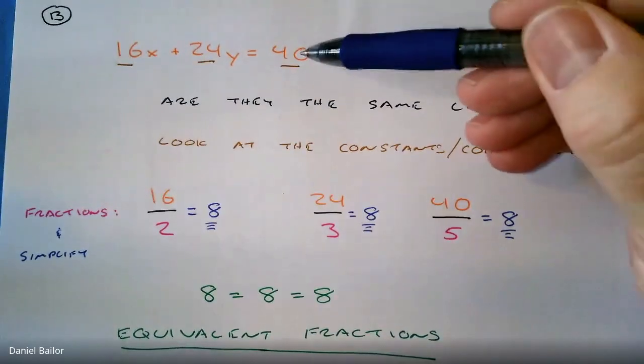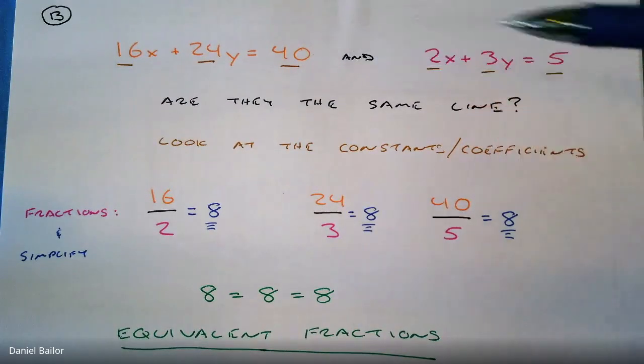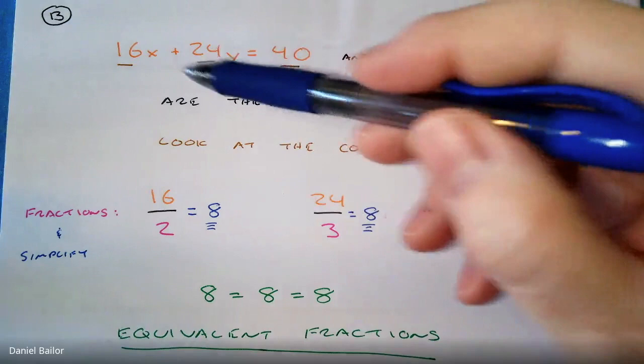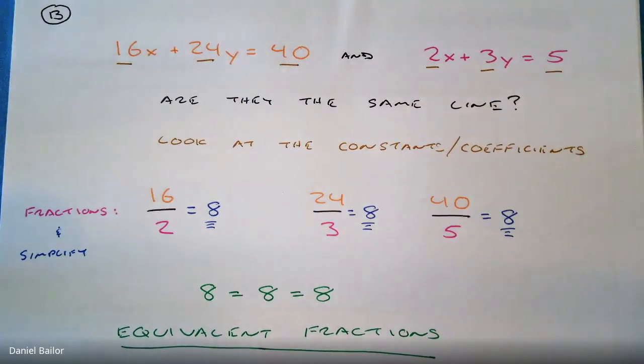So if I graph this equation and I graph this equation, I will get the same line because the pieces are changed by the same ratio. That's the way to test. That's what we're doing today. If you got that, you're golden. You know exactly what we're doing.